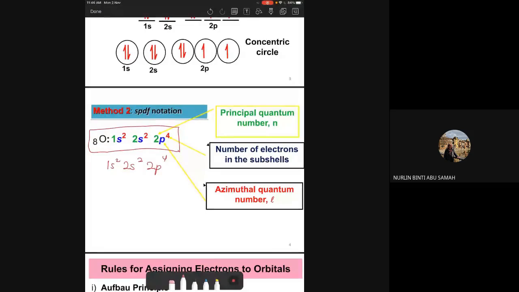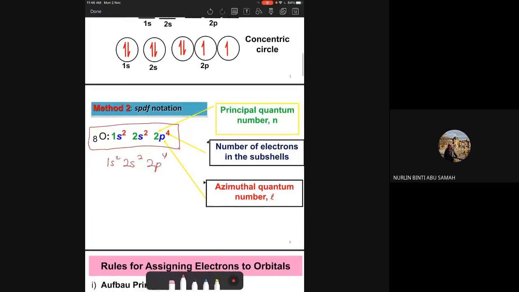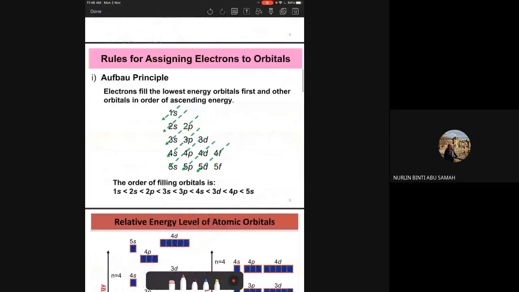Okay, dalam SPDF notation dia takkan tunjuk the orientation of electron. Dia cuma bagi tahu bilangan sahaja. Itu beza dia.